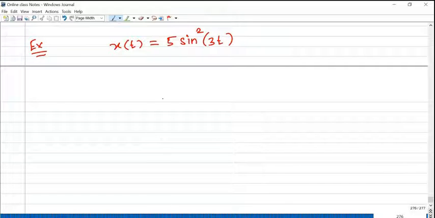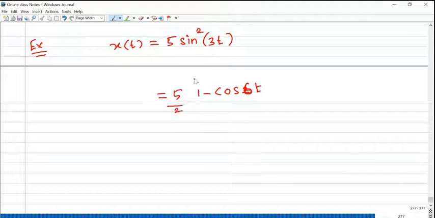Now you have to apply the linearity property. How to apply the linearity property? First expand this sin²θ. So sin²θ = (1 - cos 2θ)/2. So (1 - cos 6t)/2. I'm taking the 2 outside. Okay.